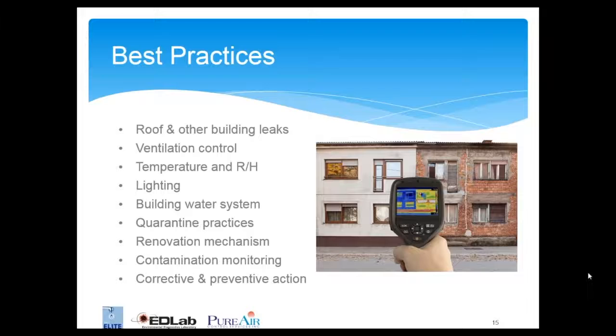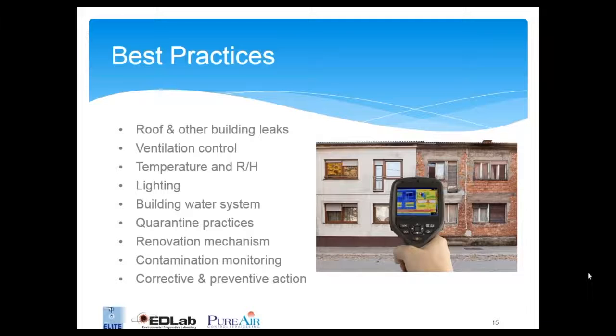Then the quarantine practices: if there is a known source that can bring pollutants inside the building, it needs to be quarantined. Then the renovation mechanism must be as per the law or the recommended guidelines, so that you do not start floating particulates or pollutants all around.